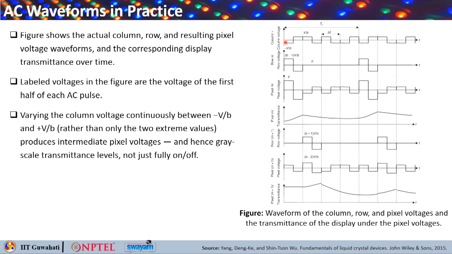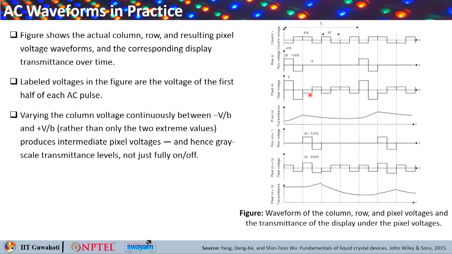So the minus V over b to plus V over b is the voltage of the column over different halves of the AC voltage. And for the next one, the polarity is simply inverted. So this is the total time frame which is shown here. So far we have only discussed binary switching, which means fully selected versus fully non-selected.